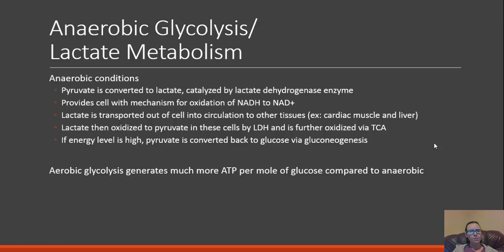And if we have more than enough energy, then the pyruvate is converted back to glucose instead of being oxidized for energy. However, aerobic glycolysis generates much more ATP per mole of glucose compared to anaerobic glycolysis, and we'll see how that works out as far as ATP production. Aerobic glycolysis is much more desirable because we can get a lot more energy from it.